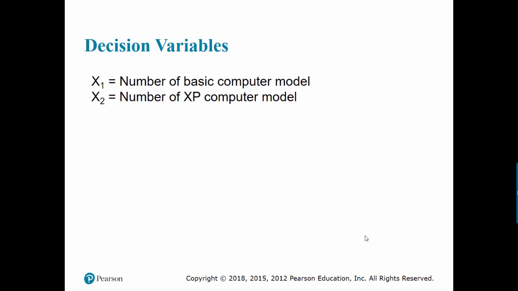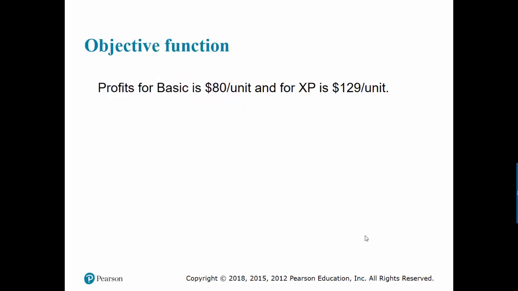The decision variables are the number of Basic computer models, let's call it X sub 1, and the number of XP computer models, let's call that X sub 2. Profit for Basic is $80 a unit, and XP is $129 per unit.